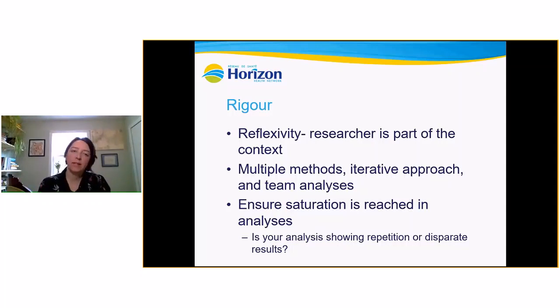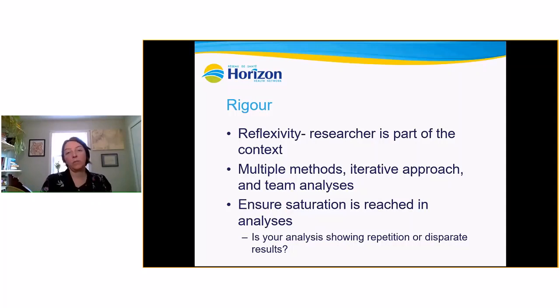And in terms of rigour, your reflexivity as a researcher needs to be at the forefront, right? You're part of the context of the research that you're doing, so you need to build that awareness into it. Use of multiple methods, right?